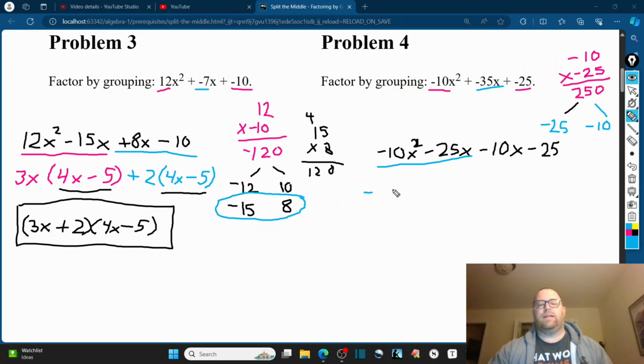So I'm going to write negative 5x, and that's going to be negative 10x squared divided by negative 5x is going to be 2x. Negative 25x divided by negative 5x is going to be plus 5x.